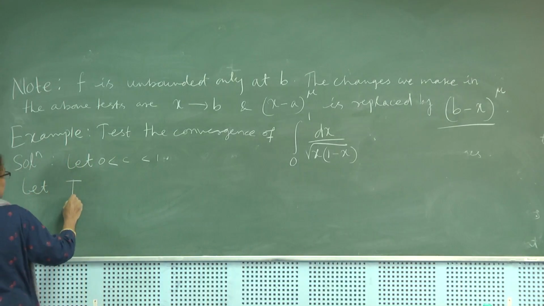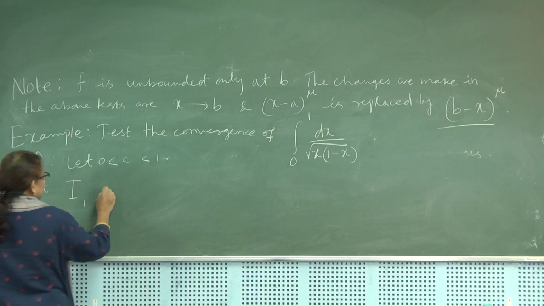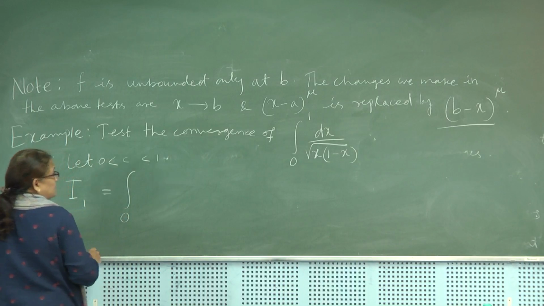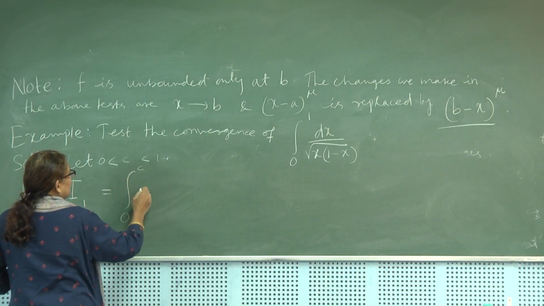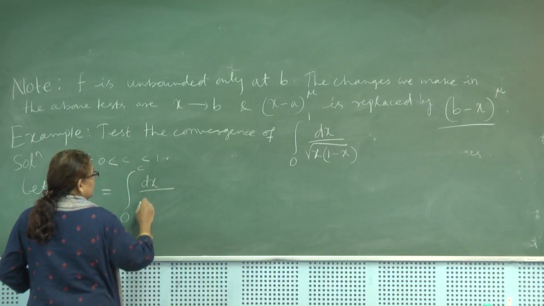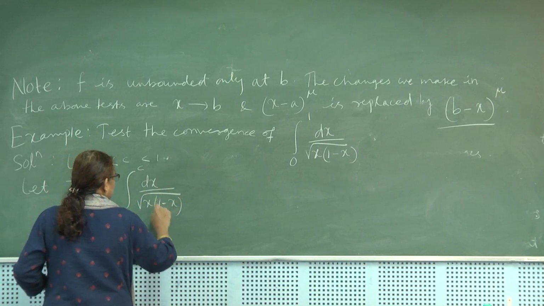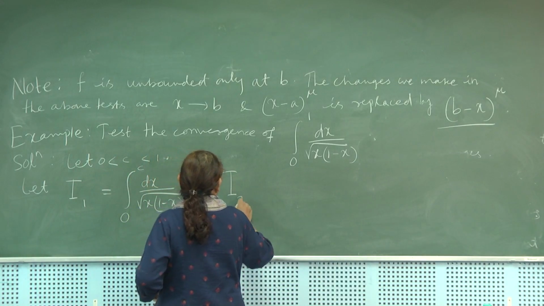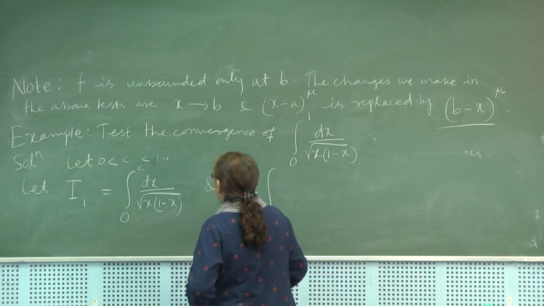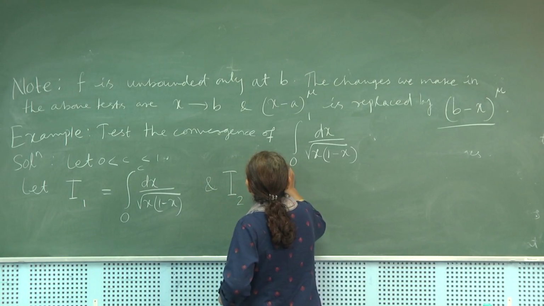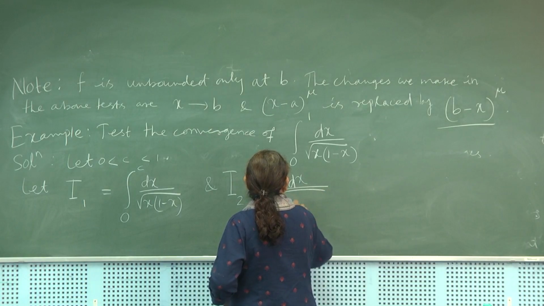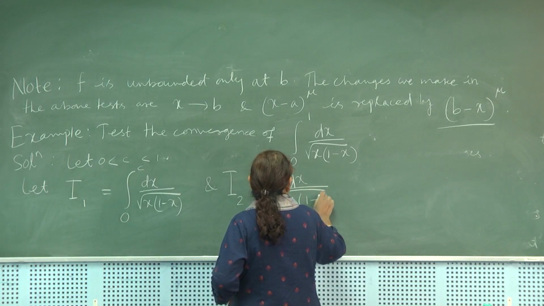Let I1 be the improper integral from 0 to c of f x dx, where f x is this given function, and I2 be the other one, c to 1 dx divided by square root of x into 1 minus x.